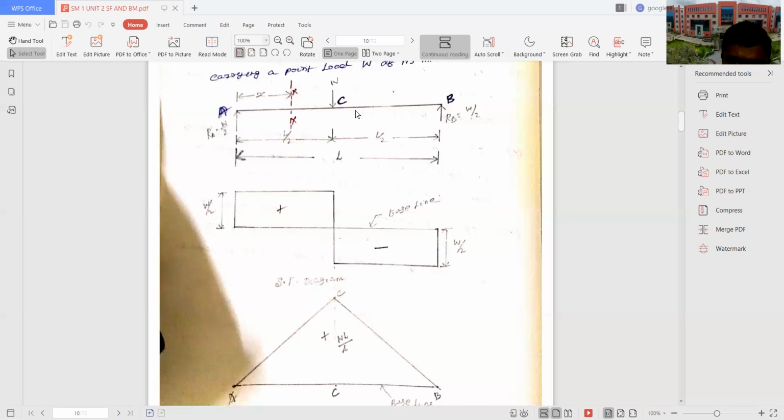Next, you have to draw the diagram between C and B. So here, if you take the section, W by 2 into x, right, minus W into this distance, so x minus L by 2.